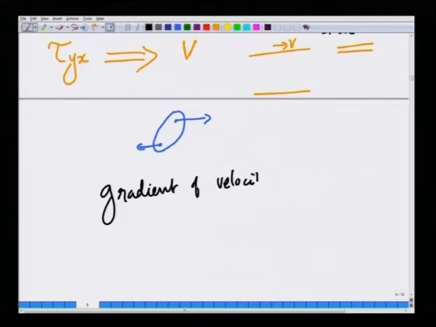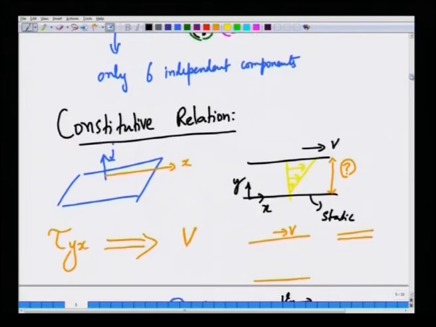That is, if you have flow in the x direction, the velocity component of interest is V x, the x component of the velocity. If the x component of the velocity is different at two different points, then we say that there is a gradient. So, this is denoted by dV x by dy. Okay. So, in this particular case, there is indeed a variation in velocity in the y direction.